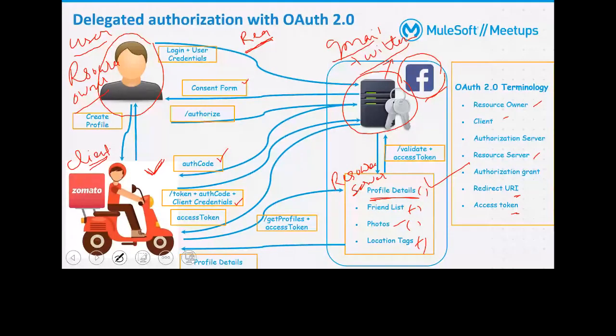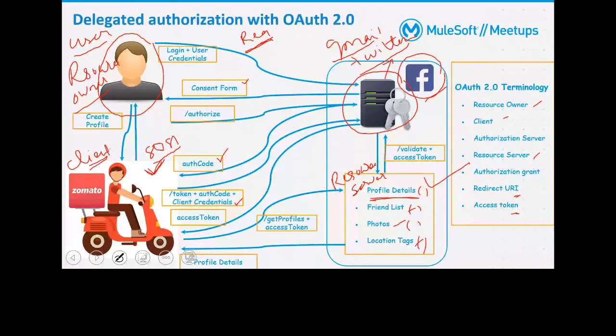In that request itself, the redirect URL will be there, and that redirect URL will be used to send this auth code to that particular app. So let's say this app is deployed on 8081. There will be some URL mentioning localhost colon 8081. That is your redirect URL. So once the auth code is issued, it will get diverted to this client app.